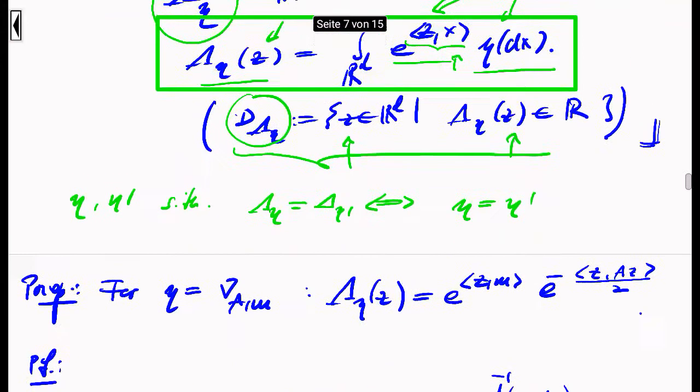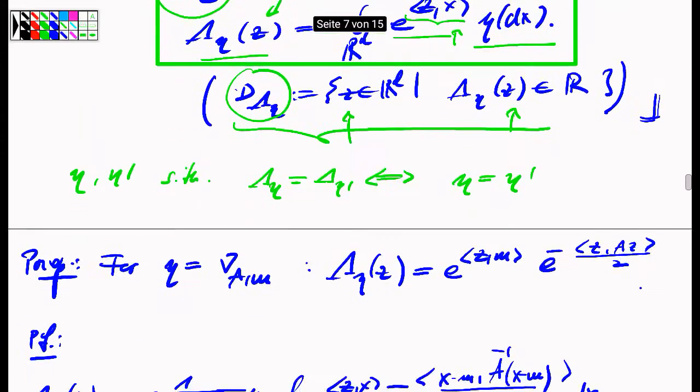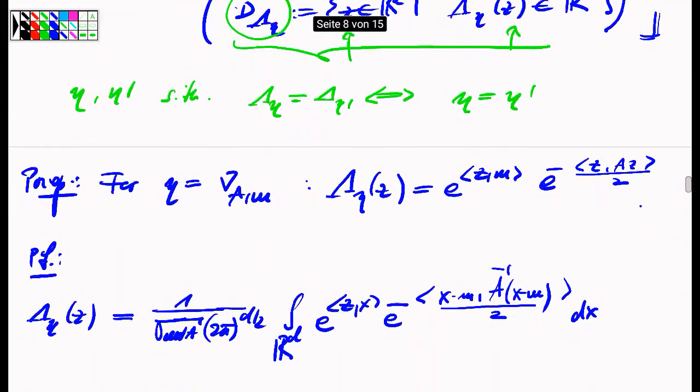Okay, so I said it's a useful tool, and I want to convince you of this in the context of Gaussian measures, and for that purpose it is very useful to compute the Laplace transform of a Gaussian measure to start with.